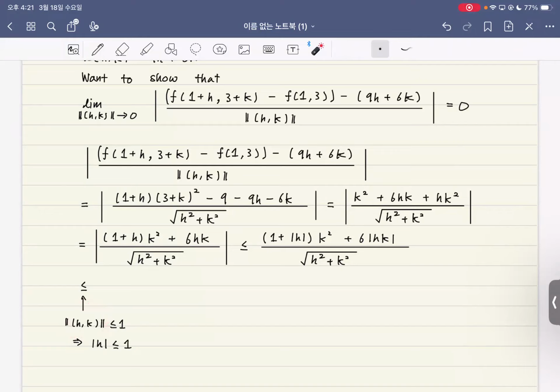If this is the hk plane, we are only assuming that the vector (h, k) lies inside of the circle, and in this case the h coordinate must always be less than or equal to 1.